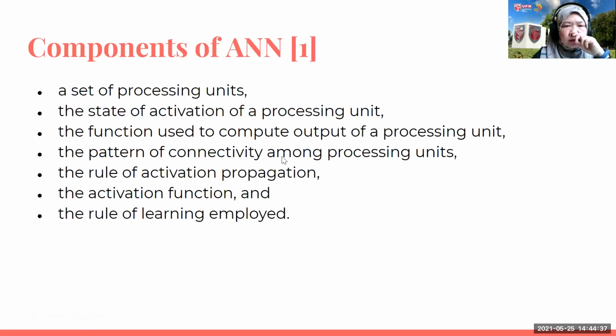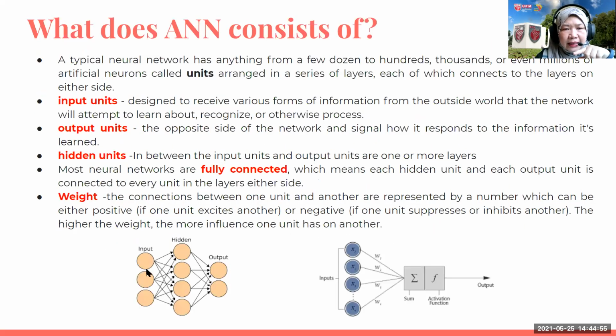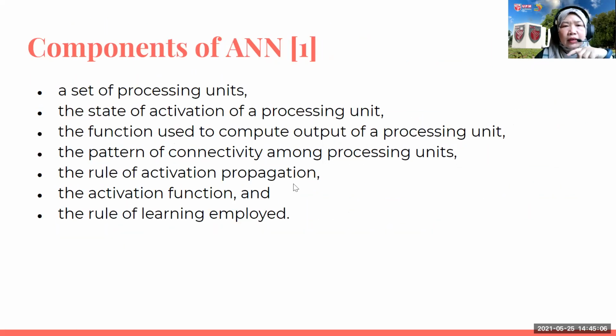To summarize, the model must have processing units. We have the activation function in every neuron, so we have it in the hidden layer, and we also have it at the output layer. Then a function used to compute the output of the processing unit, which at the output layer is how to interpret the results.